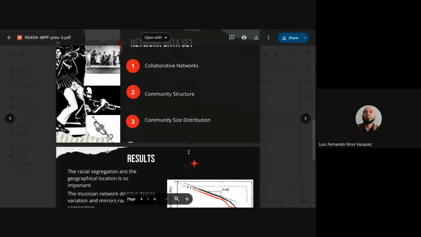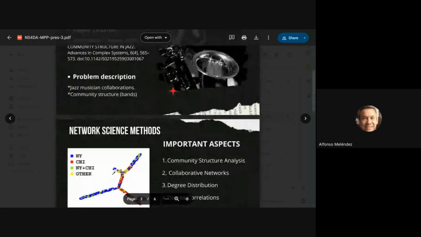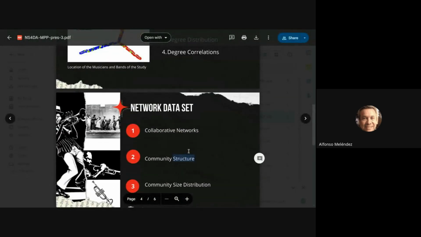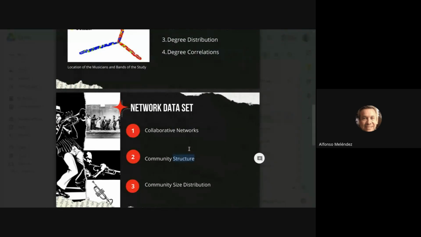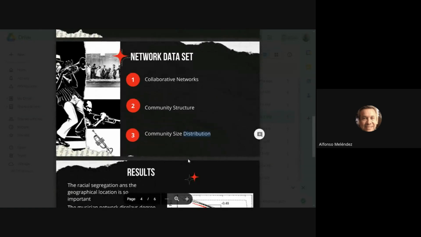Okay, good. Professor, any comments on this? I think this is also... Okay, thank you. This is a very popular network. It's a network that has to do with the relation between musicians and bands. In a sense, it's similar to the collaboration networks of researchers, in the sense that if a musician participates in lots of bands, it's like a researcher that is cited very much by other researchers.